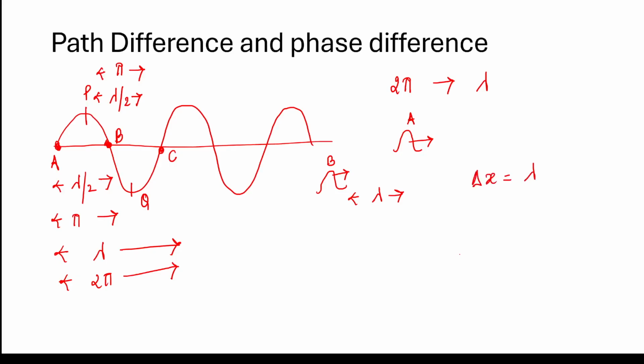It is lambda. If it is coming from further behind, let's say wave C, and the distance between A and C is, let's say, 1.5 lambda, then what's the path difference? Delta x is for path difference: 1.5 lambda.